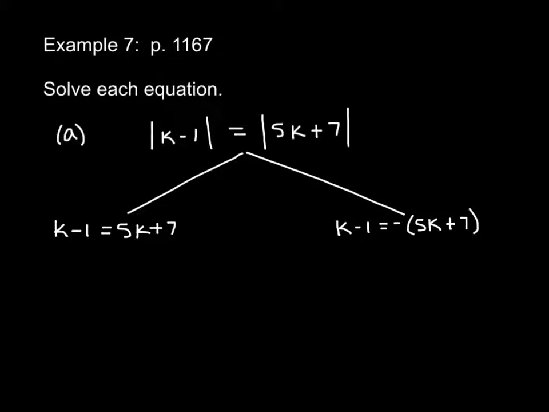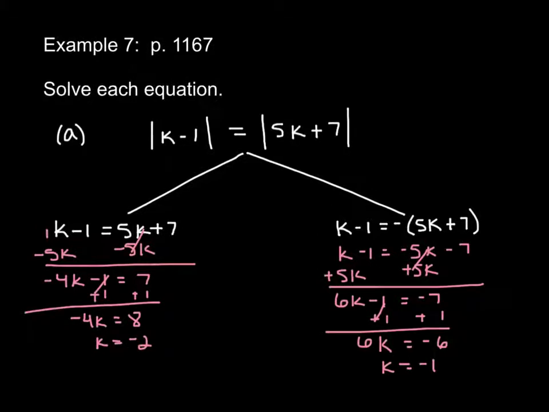We'll solve each one for k. Solving for k gives me negative 2 and negative 1. And this is going to be a union, or an OR question, so my solution set is just going to be negative 2 and negative 1.